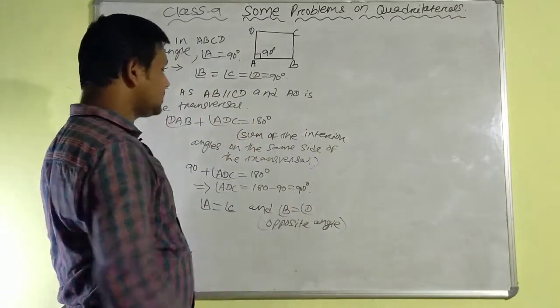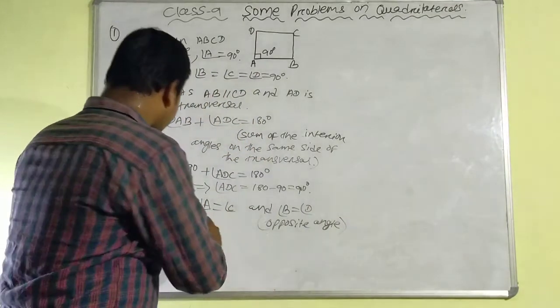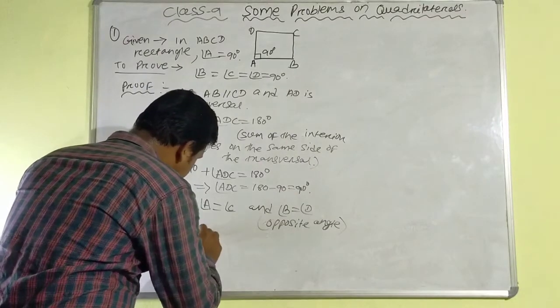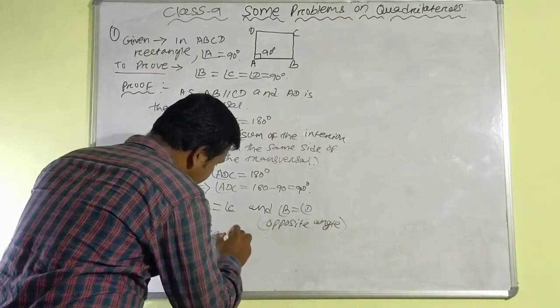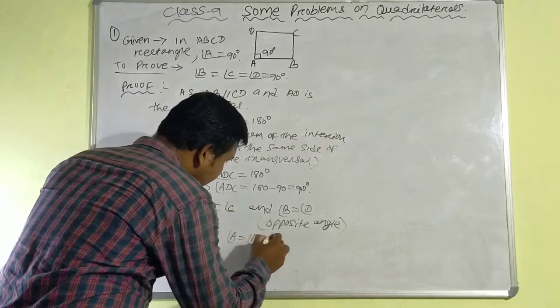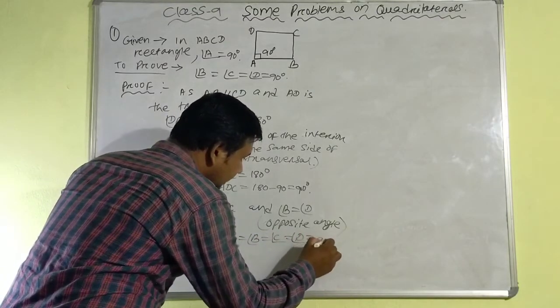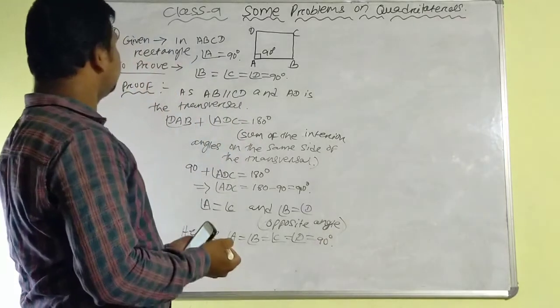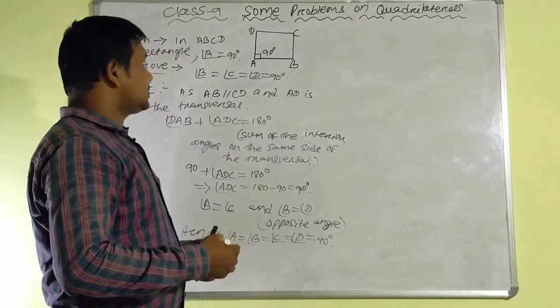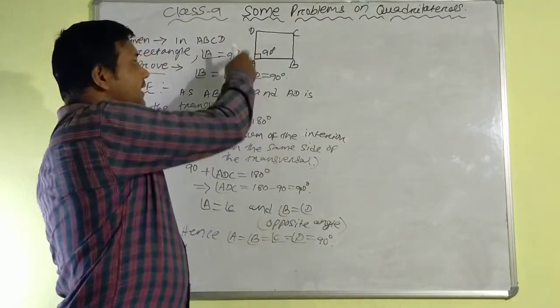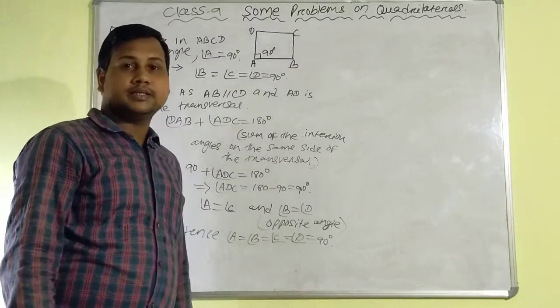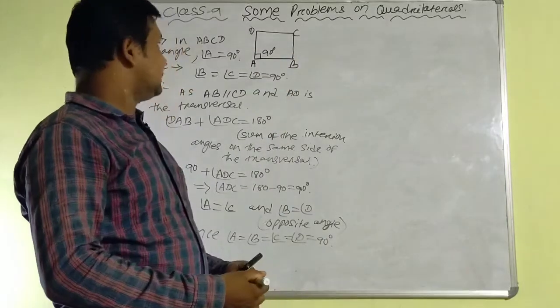So as they are opposite angles, they are equal. Hence we can write angle A equal to angle B equal to angle C equal to angle D equal to 90 degrees. So this question is proved. In a rectangle all angles are 90 degrees.